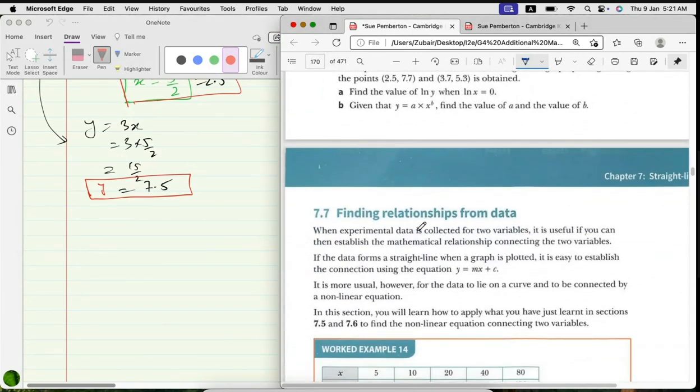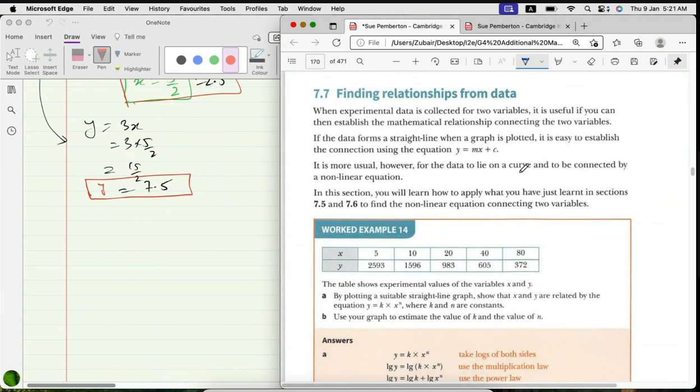Next concept, finding relationship from data. When experimental data is collected for two variables, it is useful if you can establish a mathematical relationship connecting the two variables.